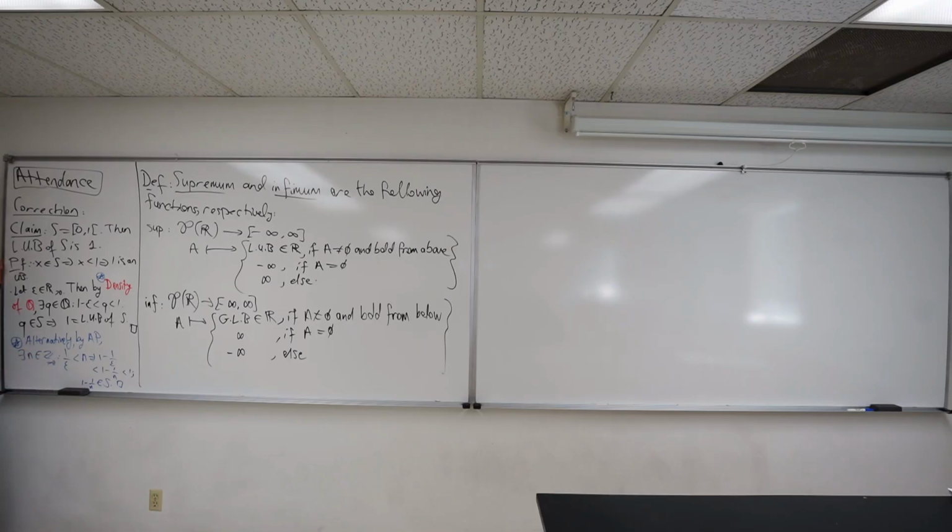Because I want to use 1 over n really instead of n. If epsilon is small, 1 over epsilon is very large. So this is some integer that is larger than 1 over epsilon.